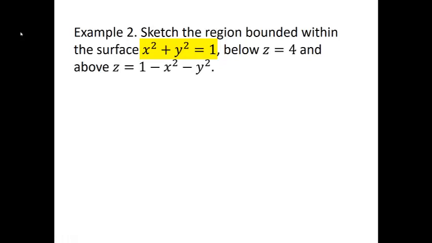It's going to be a cylinder that looks like the unit circle in the xy plane, but then extends symmetric around z forever. But we're going to cap it off at the top by a horizontal plane, z equals 4. And then we're going to cap it off at the bottom by a paraboloid. The 1 minus x squared tells us we've got a parabola flipped upside down and moved up 1 unit. And the same thing is true for the 1 minus y squared.